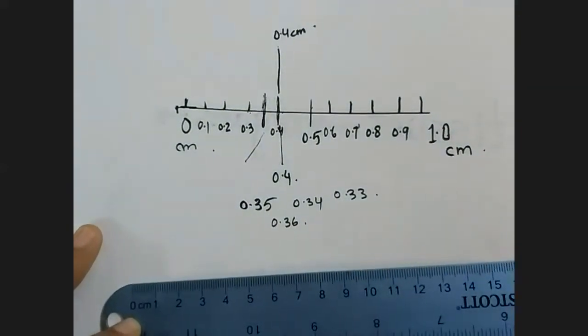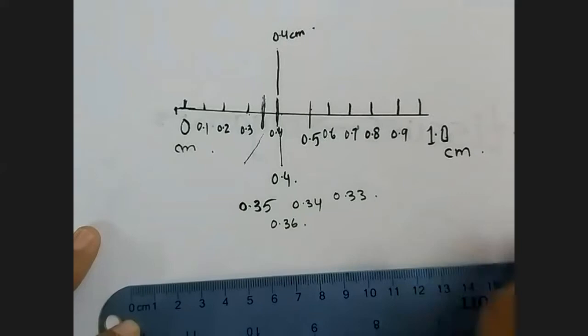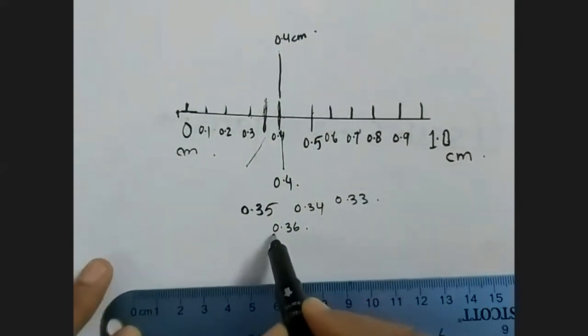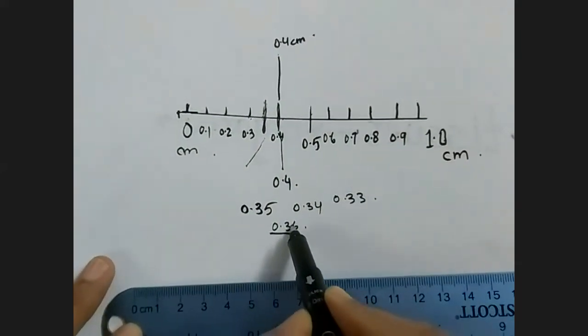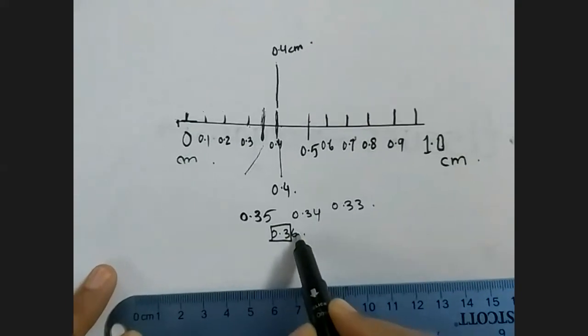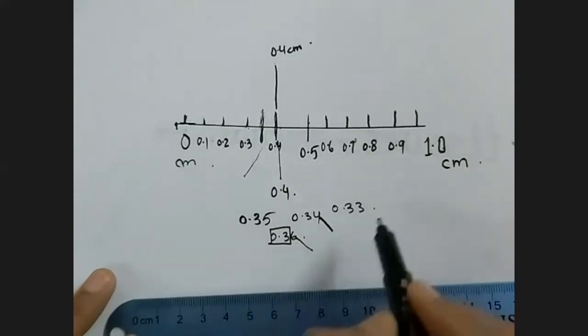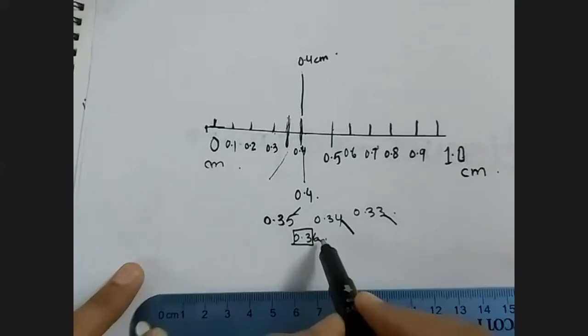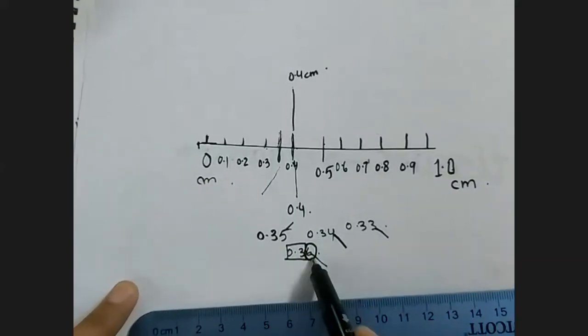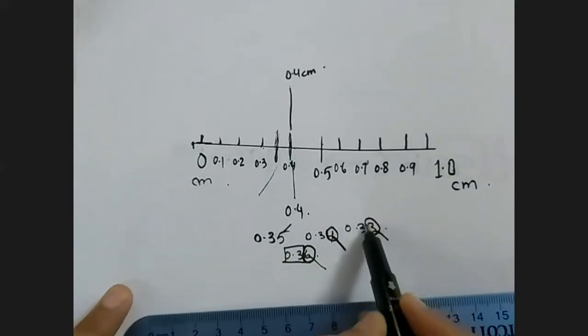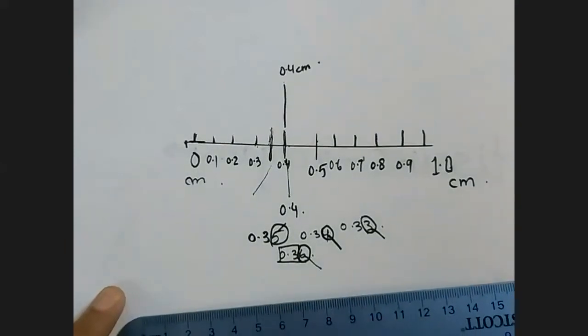So I am sure about 0.3, but I'm not sure about the other digit. It can be 6, 4, 3, or 5.